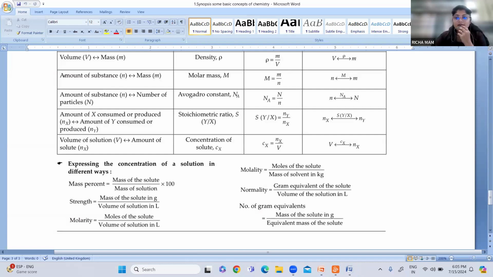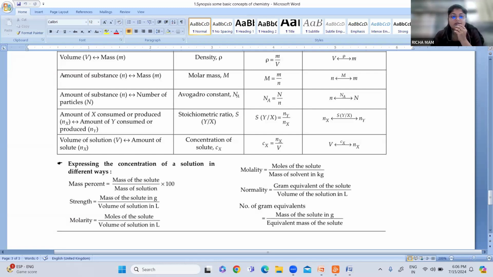In the same way, if I take 40 grams of the solute and I add it in 1 liter of solution, that is 1000 ml of solution, what will be the strength here? The strength will be more here. In the first solution we have taken 4 grams of solute and added it in 1000 ml.